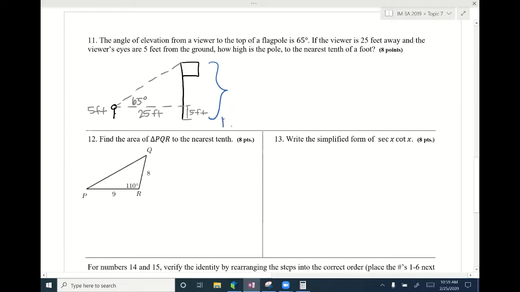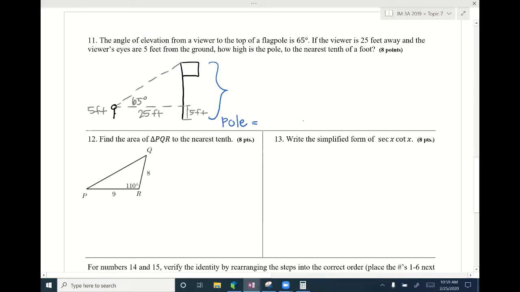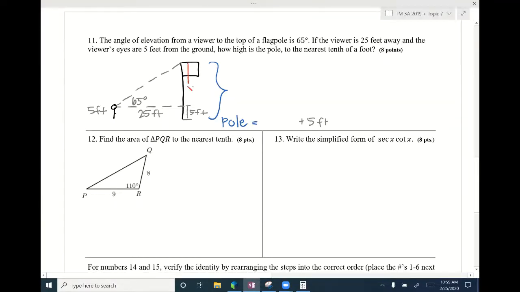So the pole is going to be whatever this distance is that we don't know, plus the 5 feet. Okay, so that's how we're going to get our answer. So our unknown right now is this portion of the pole that let's just call X. Okay, so I need to figure out X in order to figure out the length of the pole.